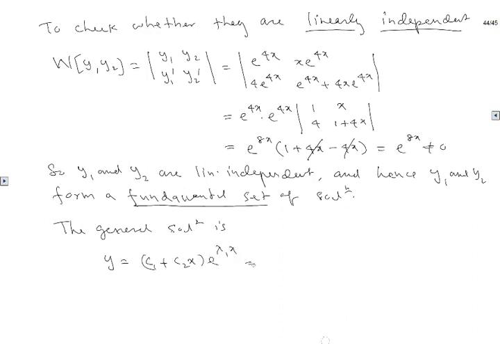If you plug in, you get (c1 plus c2 x) e^(4x). You can write it like this, or you can distribute and write it another way. Either form is okay. So that's the general solution. Good.